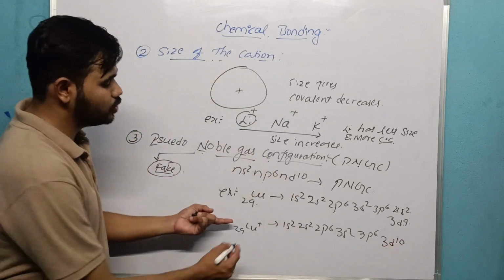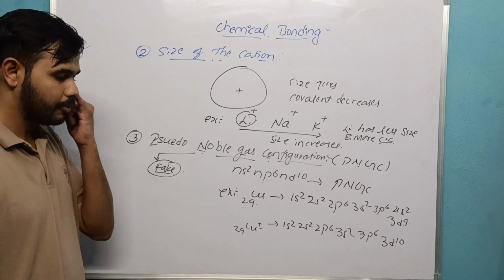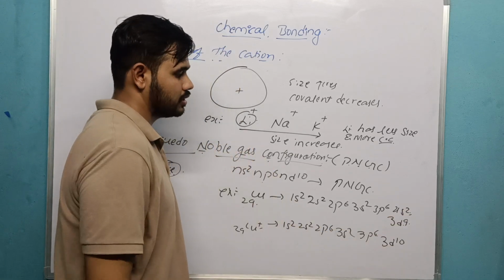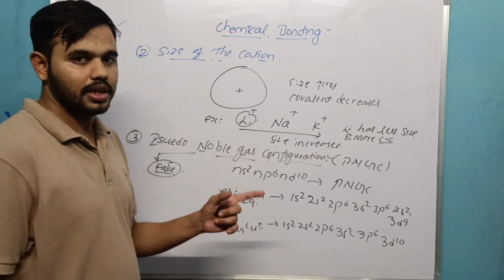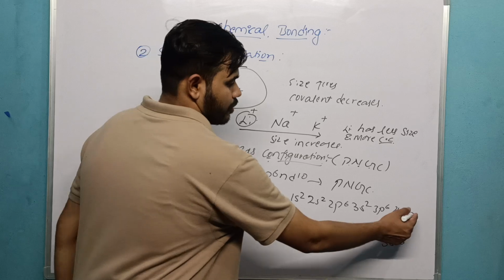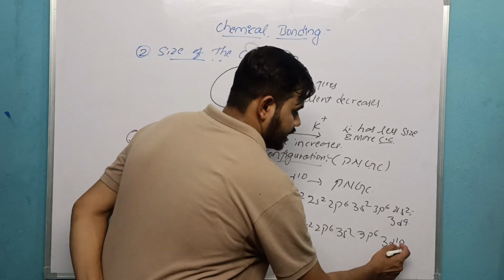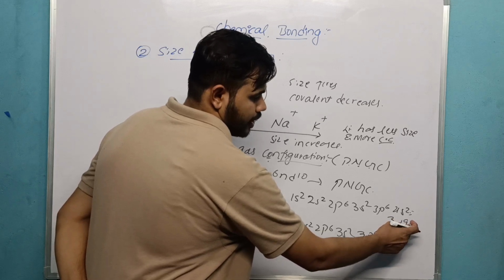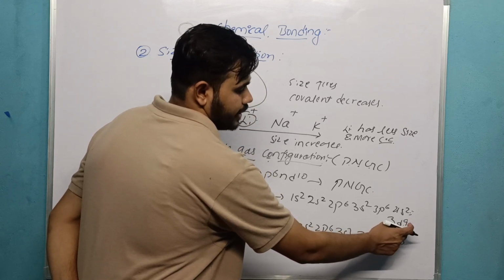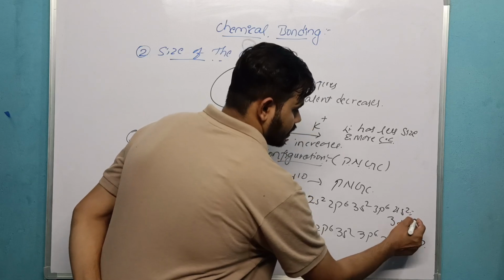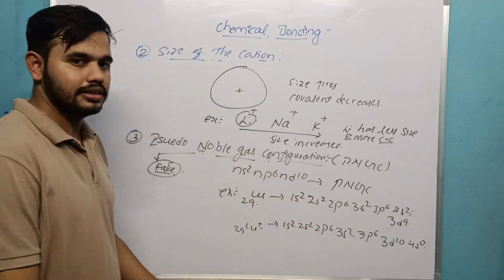Here Cu plus means one electron will be removed. First we remove the electron from the s shell, then we go to the remaining shells. We have added one electron to the 3d, that is 3d10, and the remaining 4s0. One electron removed and one electron added to the d shell.